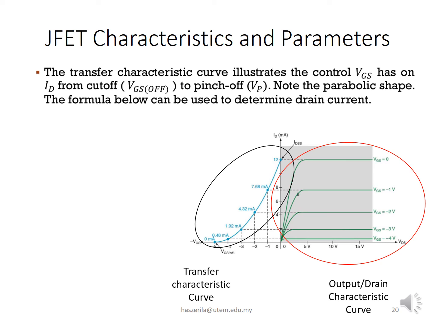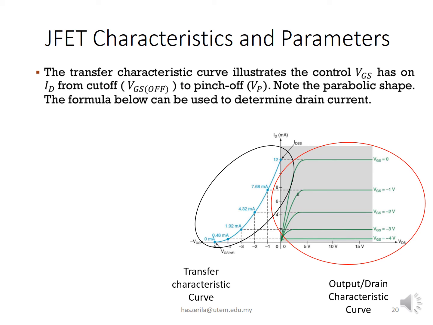The output or drain characteristic curve is drawn between the drain current and the drain-source voltage along the y-axis and x-axis, with the gate-to-source voltage as the parameter.